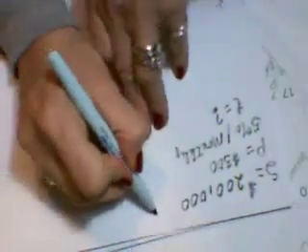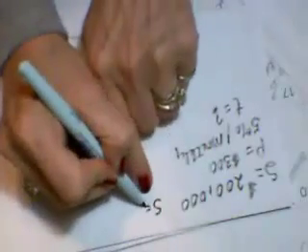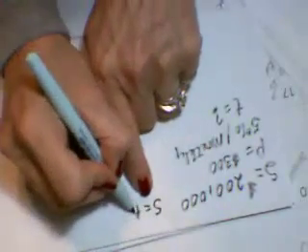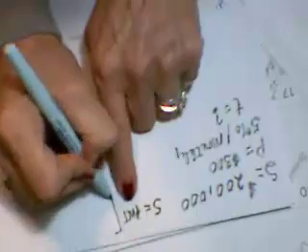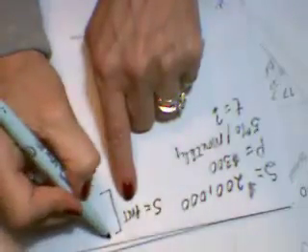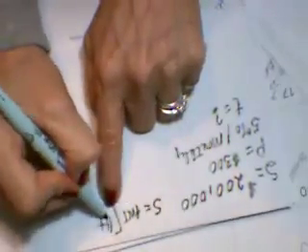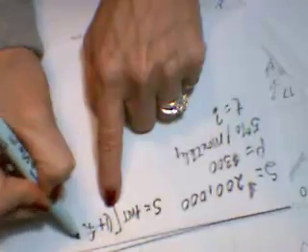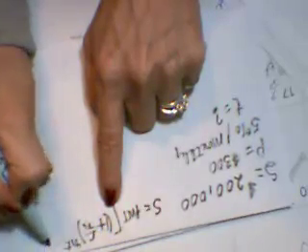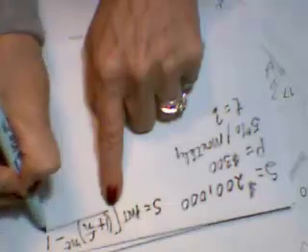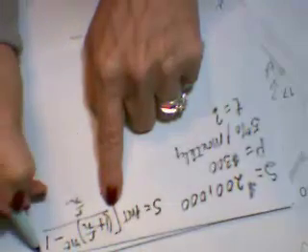So I start out with my formula, which is S is the payment, 1 plus r over n raised to the nt power minus 1 over r over n.